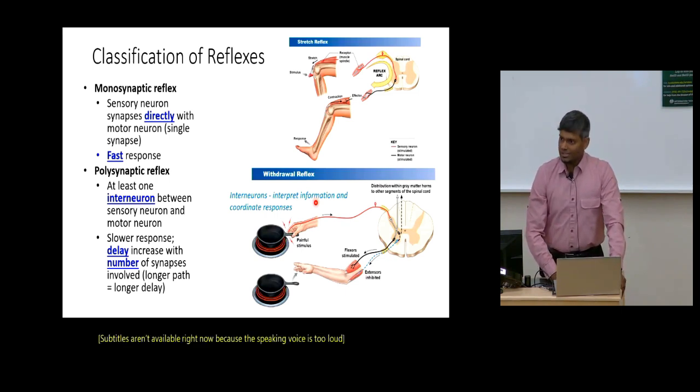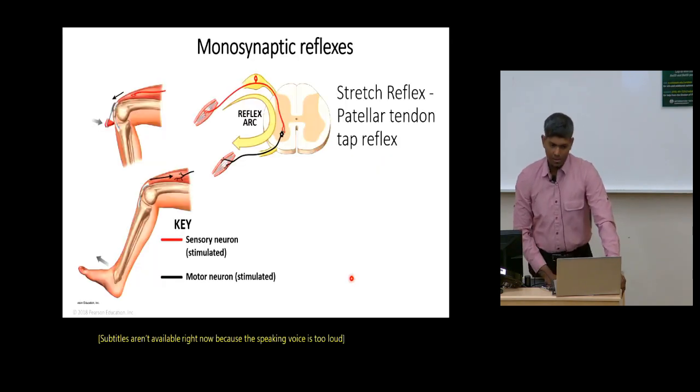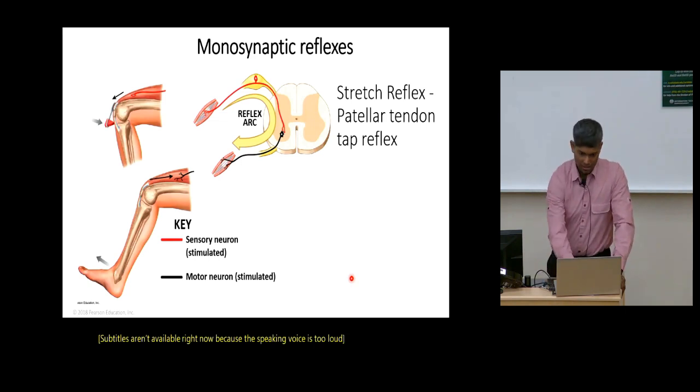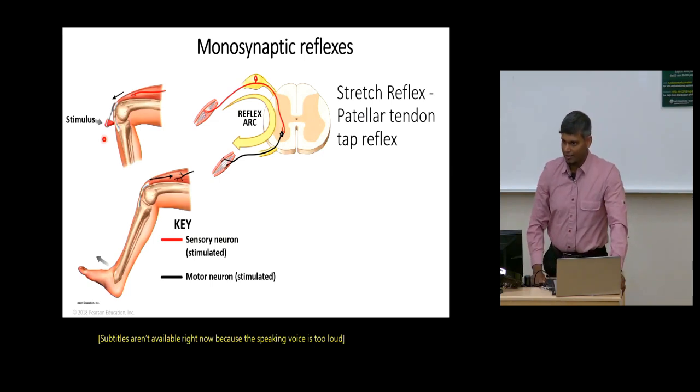So having this introduction, let's take a closer look at what happens in this stretch reflex versus the withdrawal reflex. So in the stretch reflex or the patellar tendon reflex, we see the stimulus is going to be tapping on the patellar tendon with the reflex hammer, right?